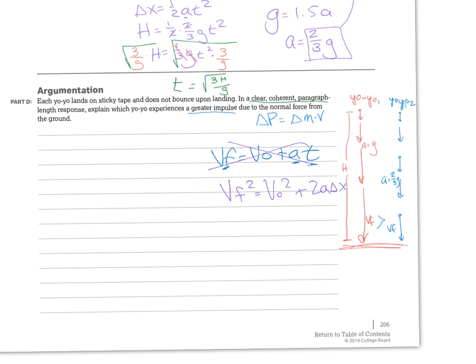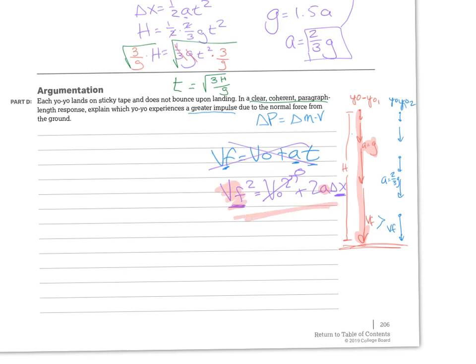So in this equation, for the final velocity that they will attain, they both start with an initial velocity of 0. They both are going the same height, and therefore whichever one has the largest acceleration value will be the one that has the most final velocity. So this one here has the largest acceleration at g, and therefore it will have the bigger final velocity.